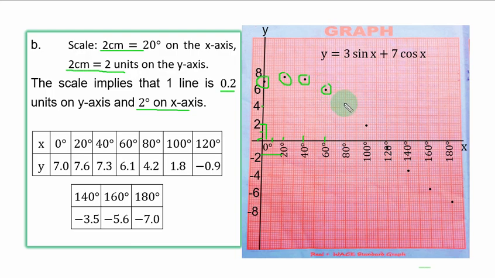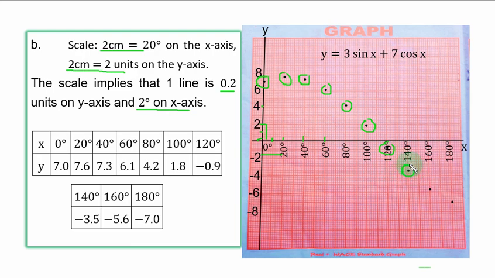That can be located easily after 4. The next line is 4.2. When s is 100 degrees, y is 1.8. When s is 120 degrees, y is minus 0.9. That is between minus 0.8 and minus 1. You have minus 0.9 there. When s is 140, y is minus 3.5.